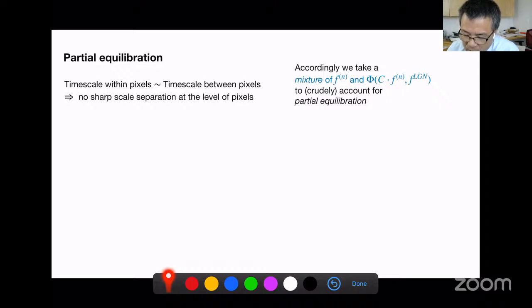If you think about the time scales associated with how neurons communicate with each other within pixels and between pixels, those timescales in cortex are actually comparable, and what that means is that we cannot really expect any real sharp scale separation at the level of pixels in these models.